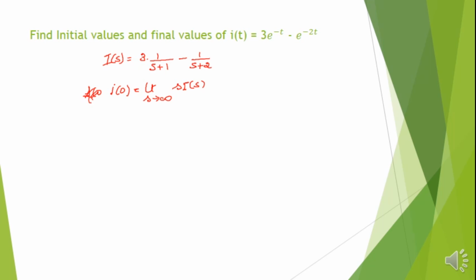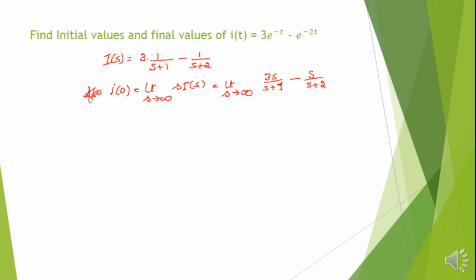That is the limit as s tends to infinity of 3s by s plus 1 minus s by s plus 2. Now if I substitute s equal to infinity, it is infinity by infinity, which is an undetermined form.